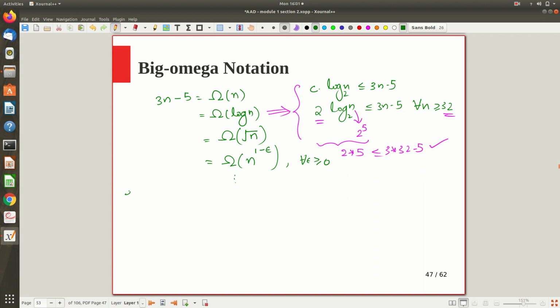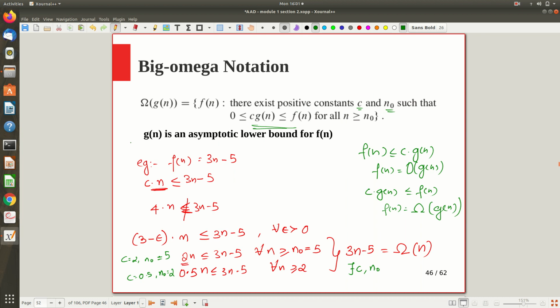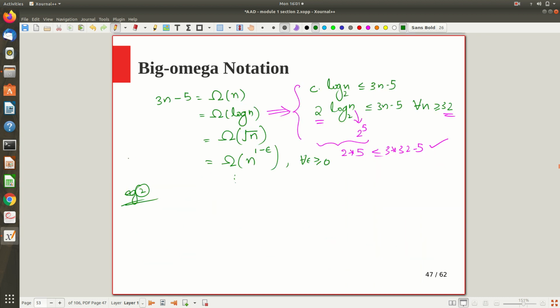Okay, so let me take one more example. So this is something we took and saw in detail, right? Now another one we can think of is some quadratic term, something like n square minus n plus 2. So this is my f of n.